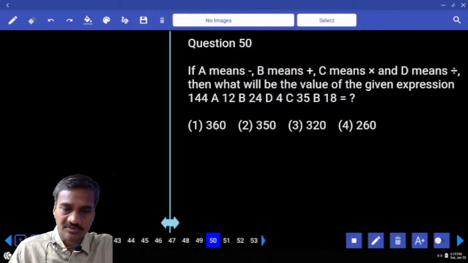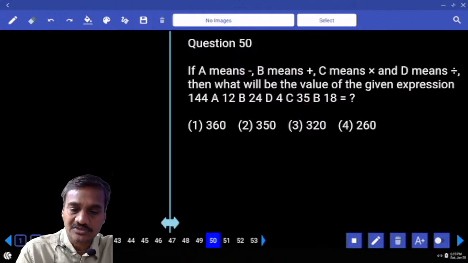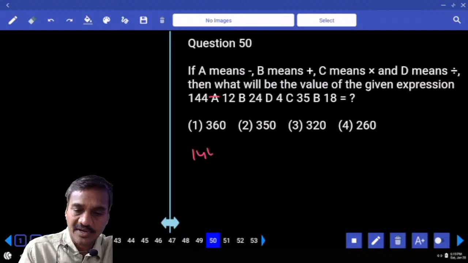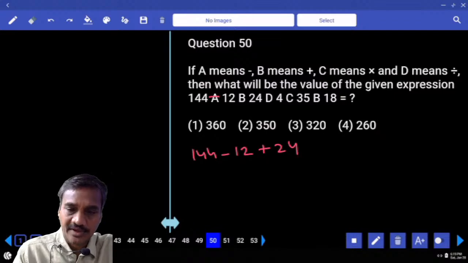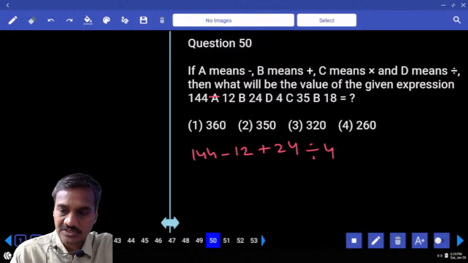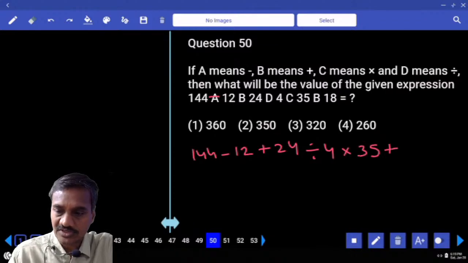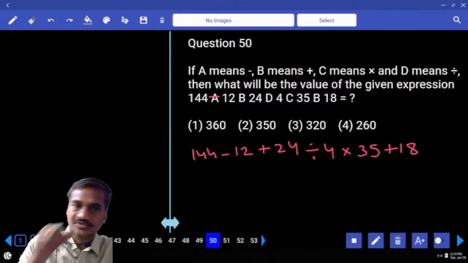The next one, question number 50. Now in this 50, A means minus 144 minus 12, B stands for plus 24, D stands for divided by 4, C stands for into 35, and B stands for plus 18. Then what is the value of this?